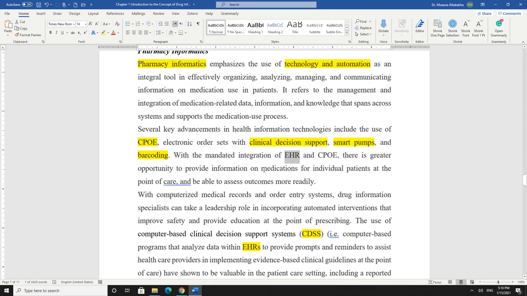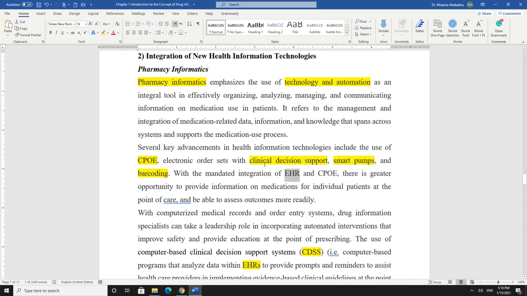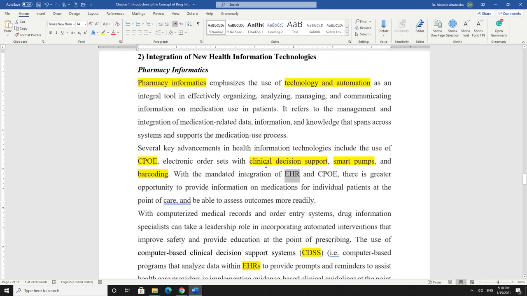So they are integrated together, in order, as I said before, to facilitate diagnosis and the prescription of the right medication, reducing adverse effects and medication errors.